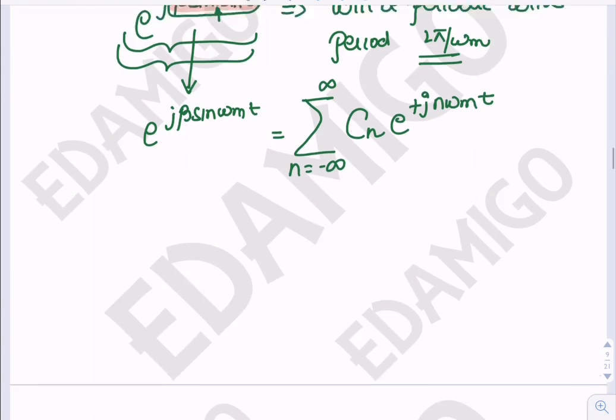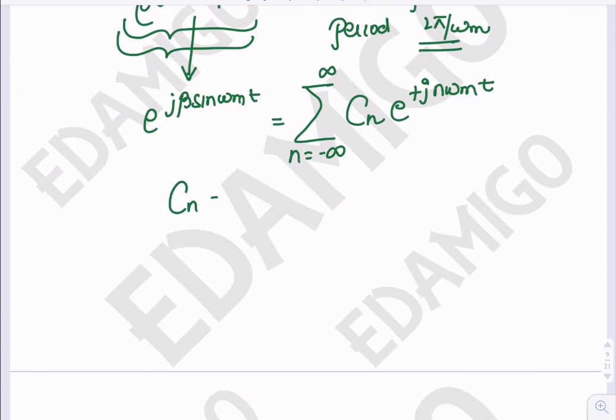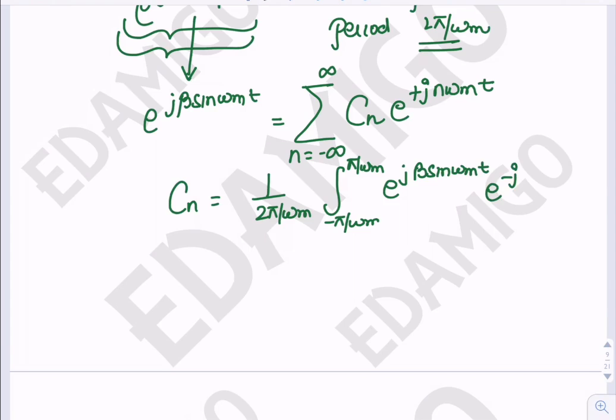We know the formula of Cn is 1 upon the time period, 2 pi by omega_m, times the integration over one time period of e to the power j beta sin(omega_m t) times e to the power minus j n omega_m t dt.